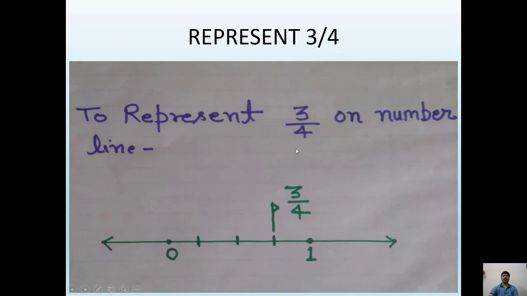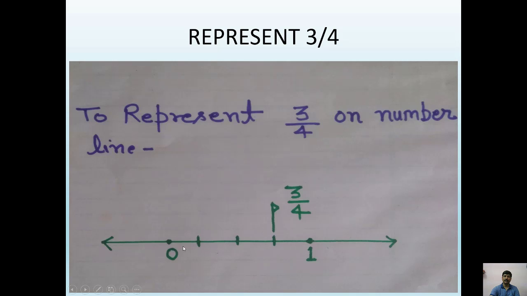Another example: how can we represent 3 upon 4? Similarly, to represent 3 upon 4, here the value is not 1, it means it is less than 1 and greater than 0. So we draw a line, mark 0 and the next whole number 1.